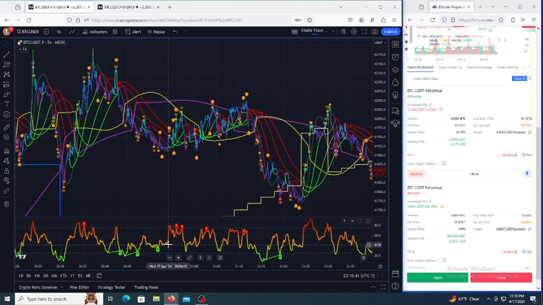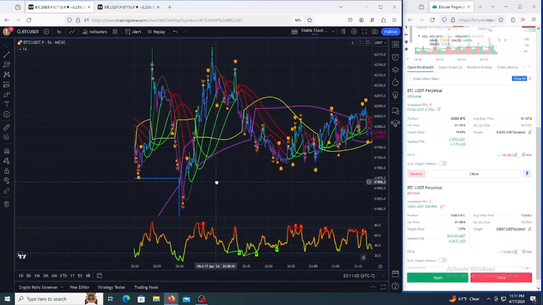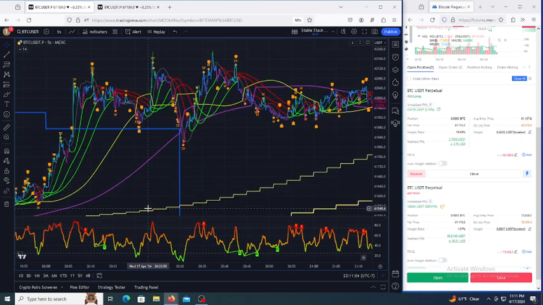Right there, you could have took that W for an up signal. Right here, you got the divergence, and then it came down and held in lower. Right there is your down signal. Right here, you got a triple W on the third one. Right there is your up signal. Okay.